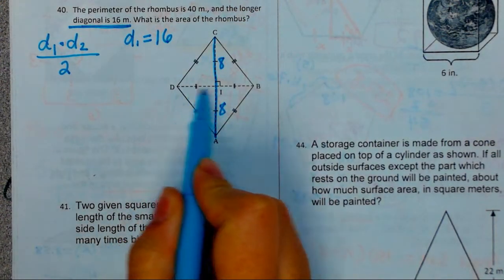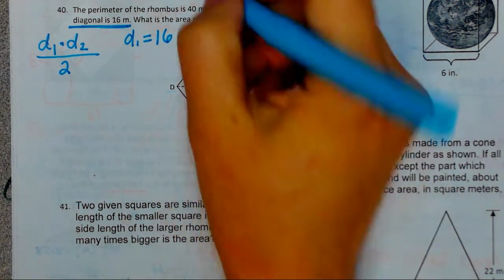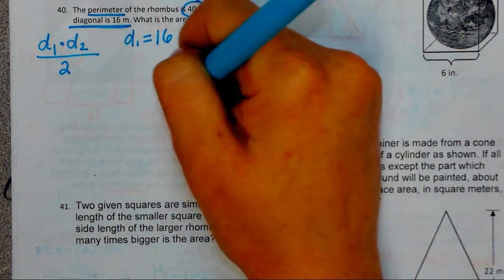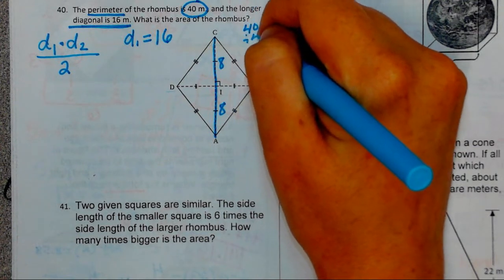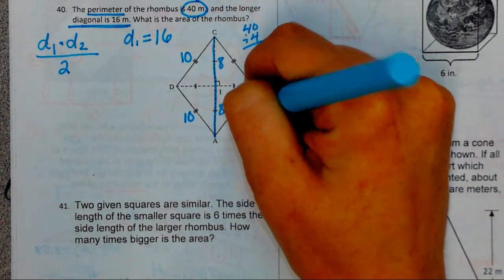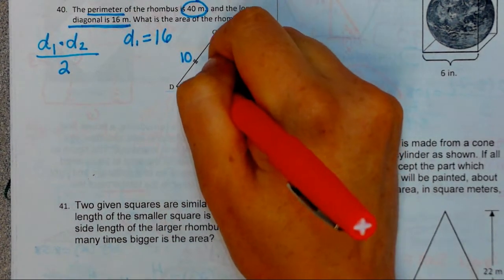All right, we need to get the other diagonal, this one. It tells us that the perimeter of the rhombus is 40. All sides are congruent, so 40 divided by 4 would mean that each side has a length of 10. Okay? All right, so the way that we can get the other diagonal is by using the Pythagorean theorem here.